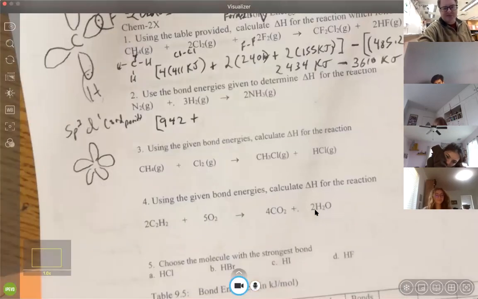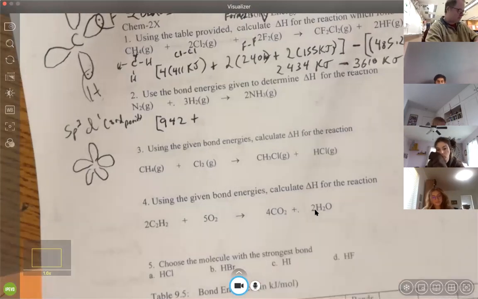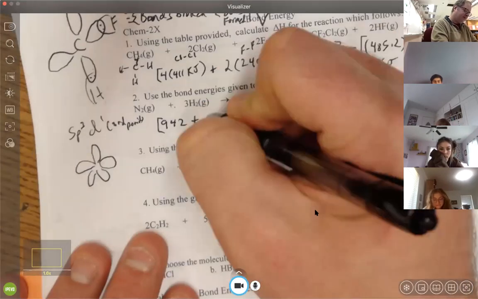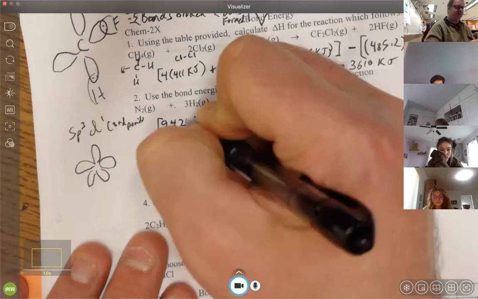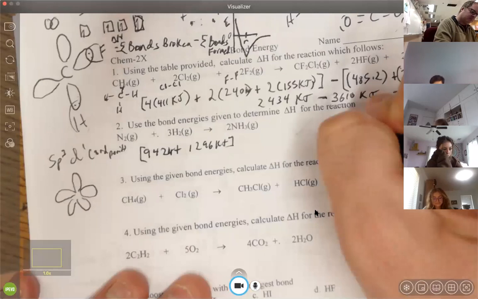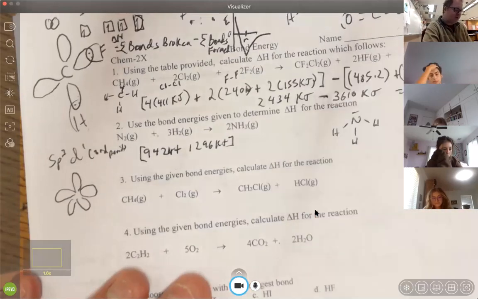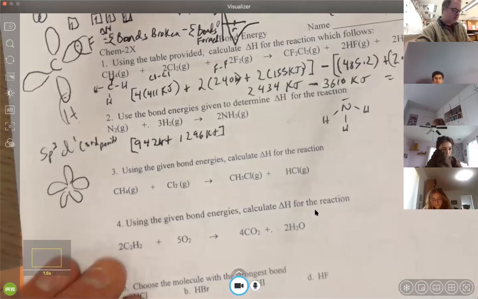And to tell you the truth, I would do this math now with your calculator just so you don't have to write a bunch. 3 times 432 is 1,296. All of these are in kilojoules. And then we have to write out NH3. So that means we have 3 nitrogen hydrogen bonds, each one at 386.